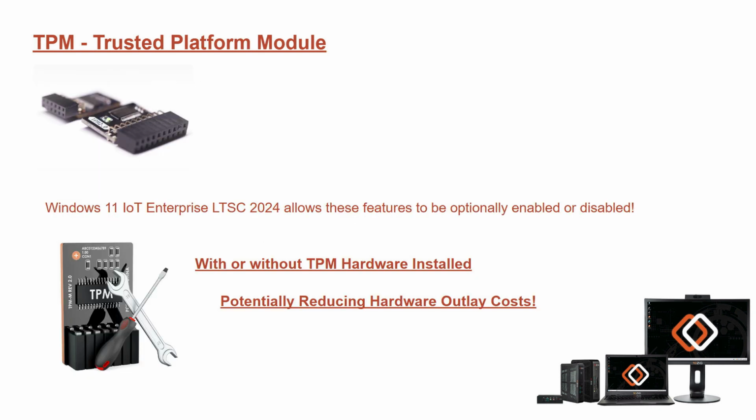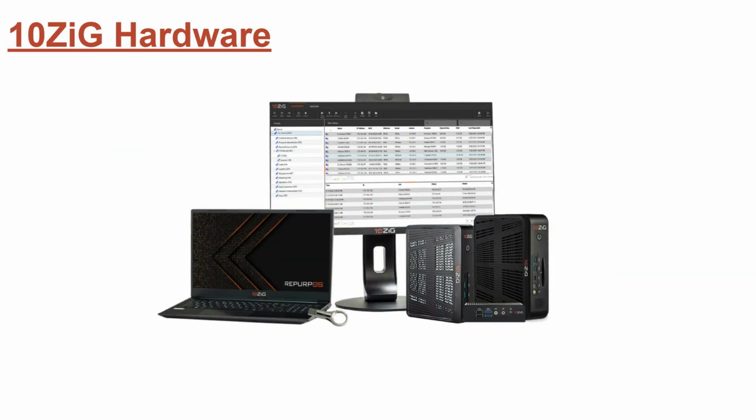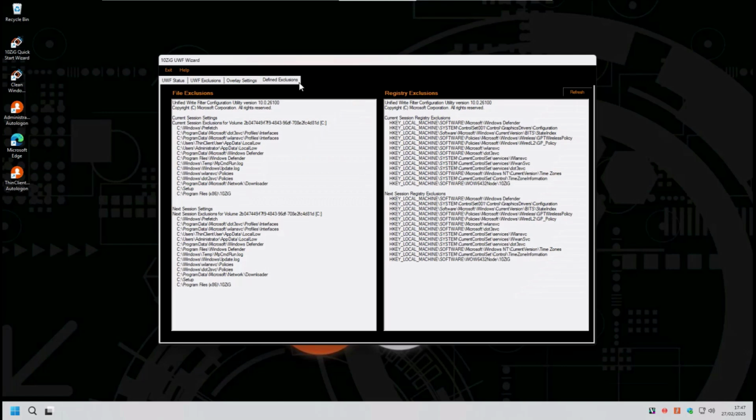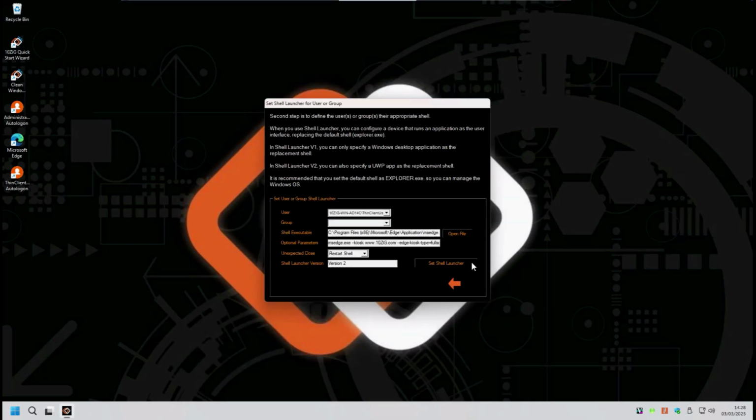Then we talked about Tenzing's single vendor endpoint strategy and also looked at our current hardware family and operating systems. We introduced you to the Tenzing Quick Start Wizard and UWF Wizard on the local Windows 11 IoT Thin Client and gave you an overview of their capabilities and what they can do for your endpoints, especially when it comes to securely locking down the devices.